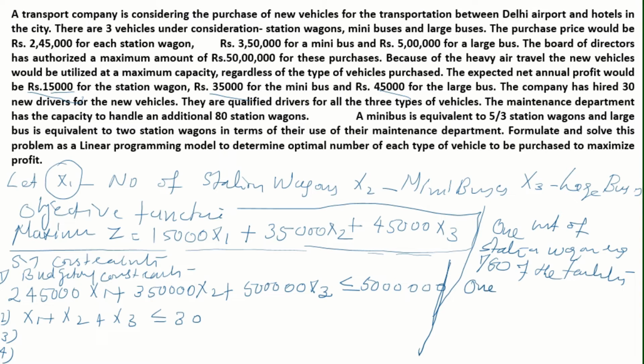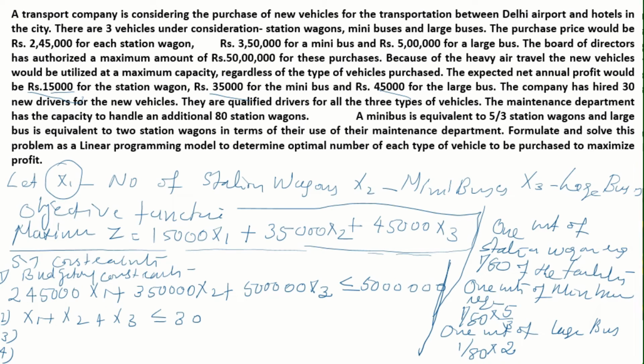So 1 unit of minibus requires 1 by 80, that is the facility required for a station wagon, multiplied by 5 by 3. And then 1 unit of large bus requires that of a station wagon multiplied by 2. That means 1 large bus is equal to 2 station wagons. So this is the per unit requirement of the maintenance facility.